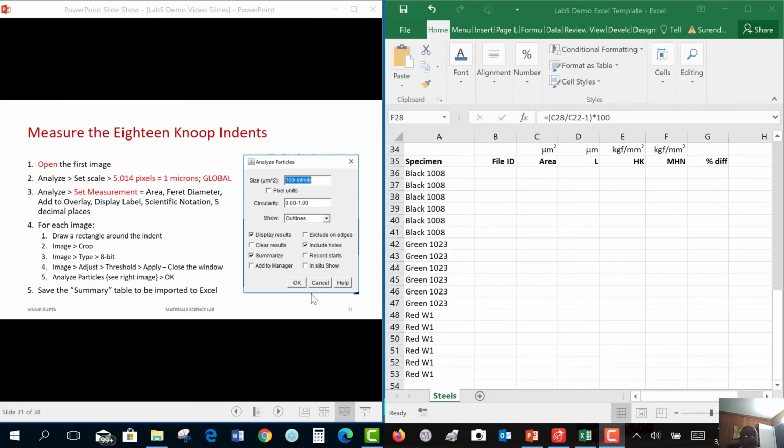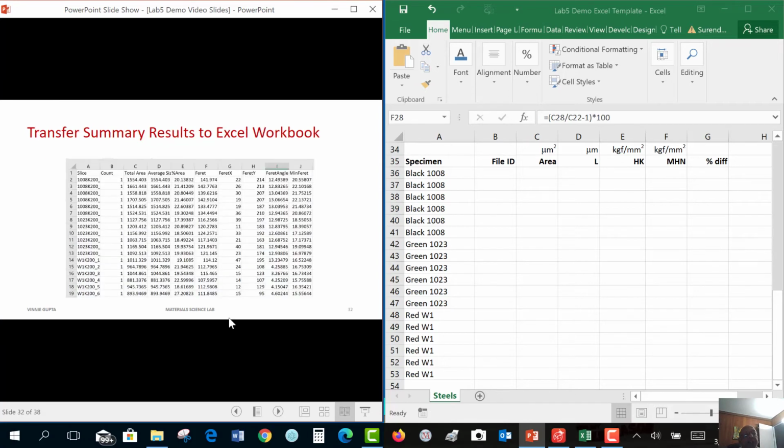Okay, so I have made all the measurements. They are saved in this summary.csv file. So let me copy it over.